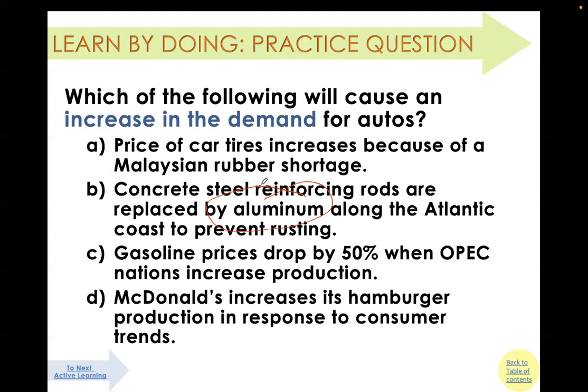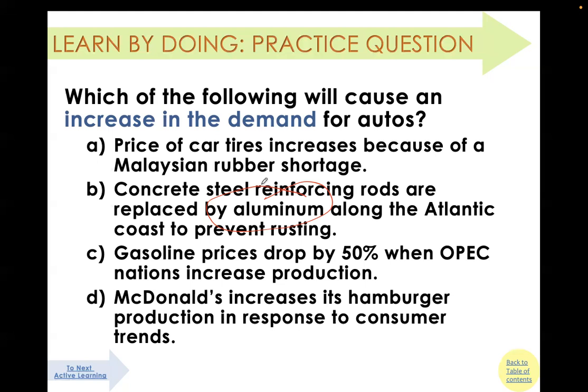Now C, gasoline price dropped. Let's circle back to OPEC, which we mentioned, right? OPEC is essentially a small group of countries that control the supply of oil. So anything they say in terms of oil is going to have a dramatic impact on the gasoline price.